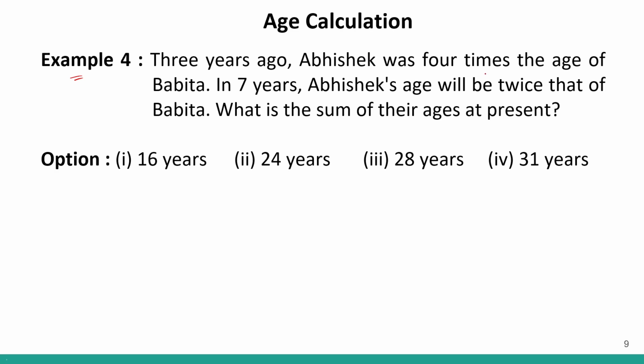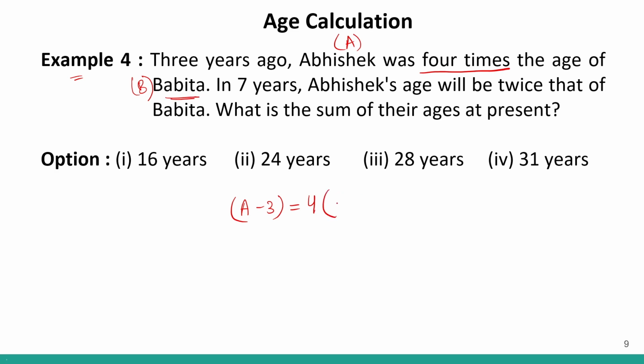Example number 4. 3 years ago, Abhishek was 4 times the age of Babita. So Abhishek's present age is represented by A and Babita's present age is represented by B, let us say. So 3 years ago, that means A minus 3, he was 4 times the age of Babita.